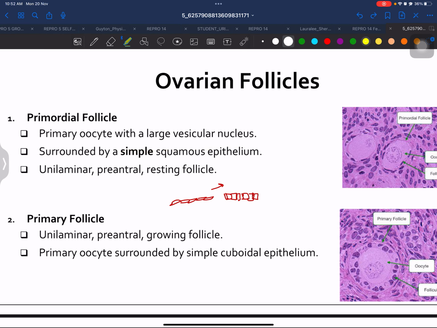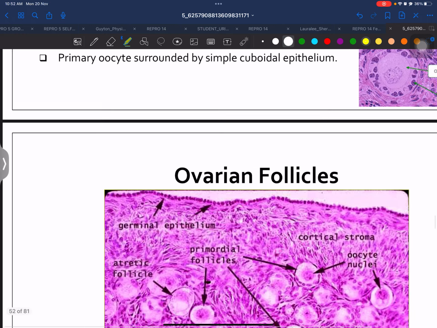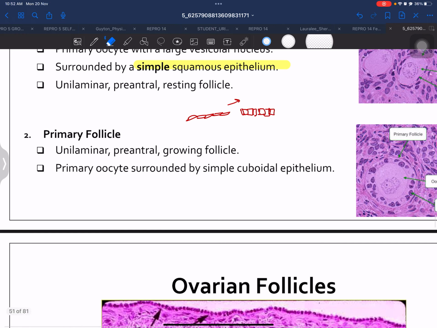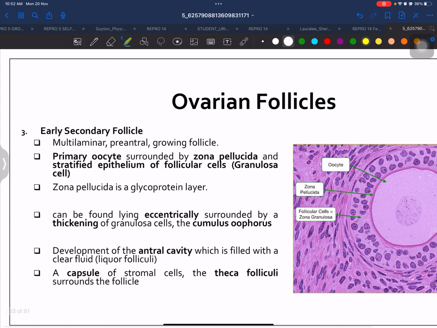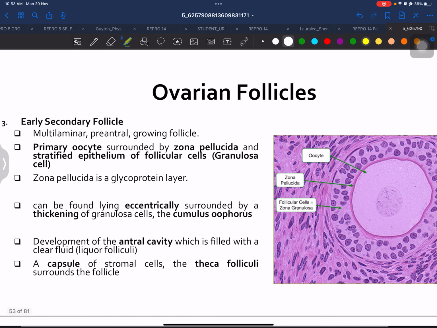Secondary follicles are multilaminar. Laminar means layer: unilaminar is one layer, simple, while multilaminar is stratified. It is also pre-antral. These are the oocytes, and surrounding the oocyte we have the zona pellucida.